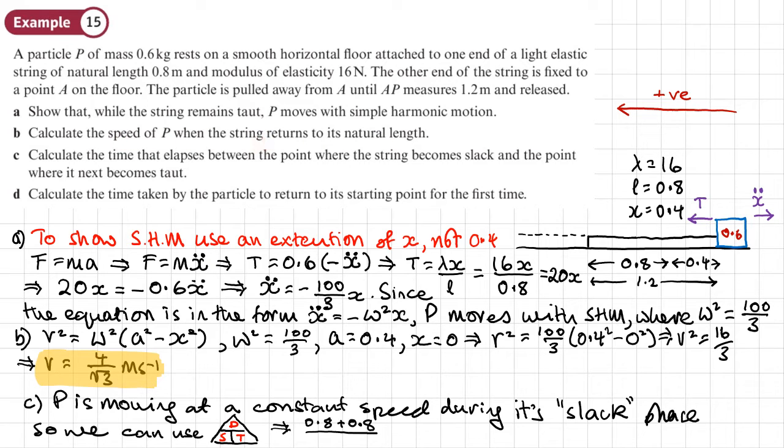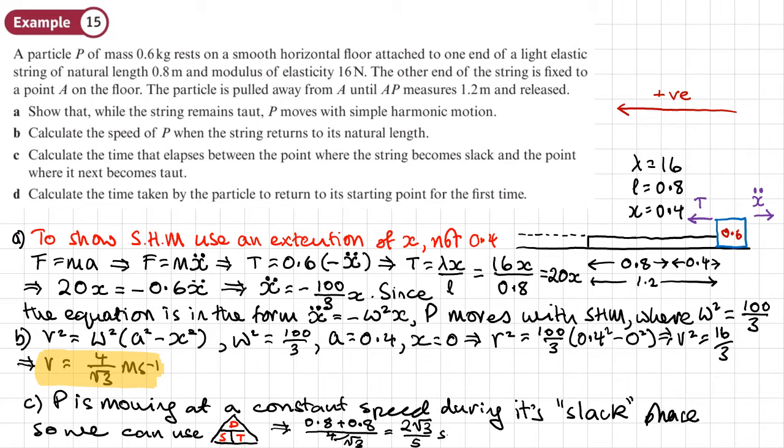So that's just the answer from part B. So it's going to be divided by 4 root 3. So that's just going to be 1.6 divided by 4 over root 3. And that gives us an exact answer of 2 root 3 over 5 seconds.